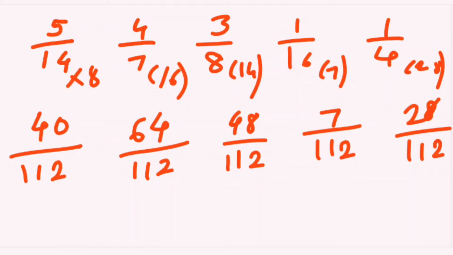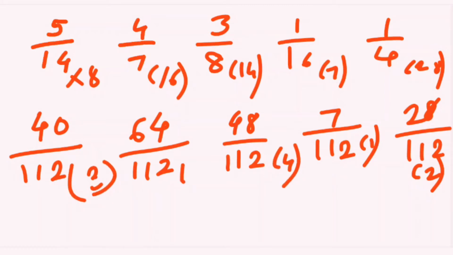So it will come first. Then this will come second. Then this will come third. Then this fourth and this last. So one number, this means 1 by 16 first. Then second is 21 by 4.